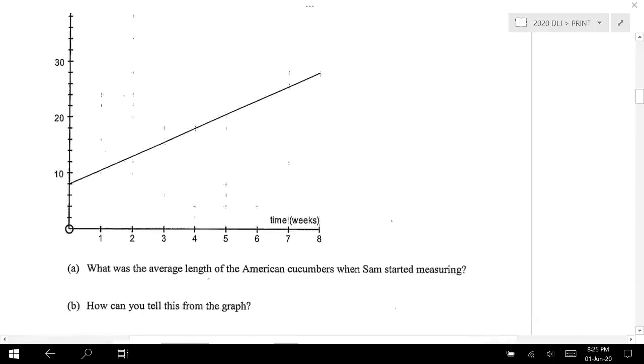What was the average length of the American cucumbers when Sam started measuring? Well, starting the measuring, that's going to be at time 0, so that is where we intercept the y-axis. So each one of these divisions is 2, 4, 6, 8.